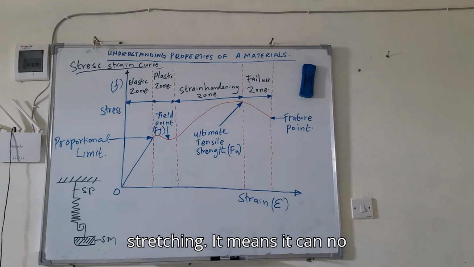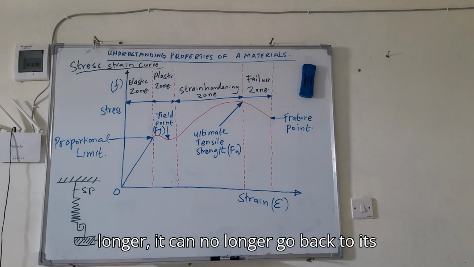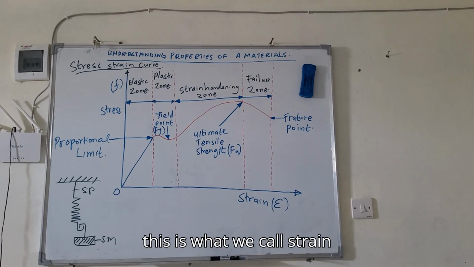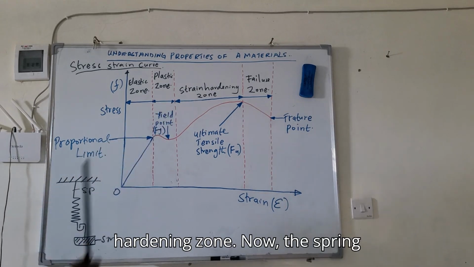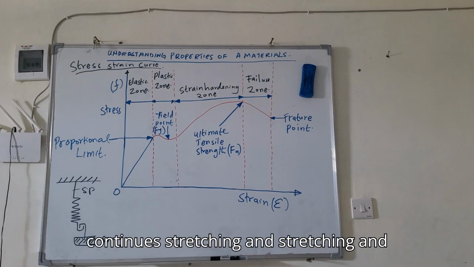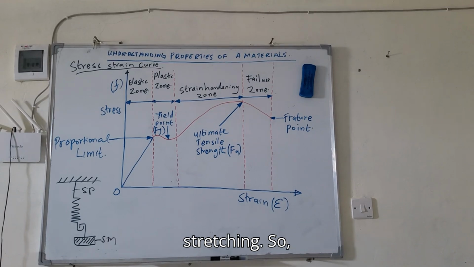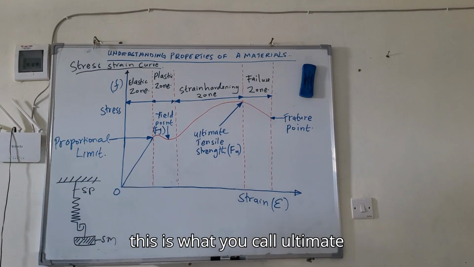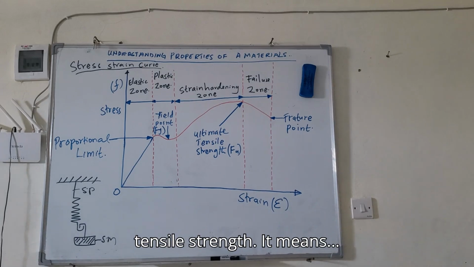It means it can no longer go back to its original form and shape. So this is what we call strain hardening zone. Now the spring continues stretching and stretching and stretching. So at this point, this is what we call ultimate tensile strength.